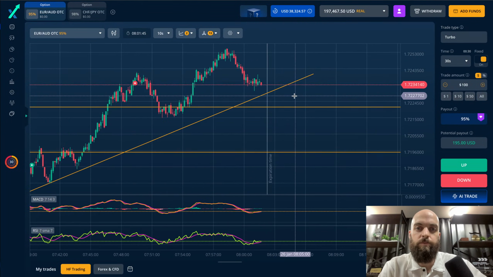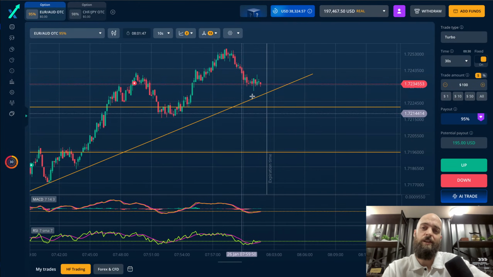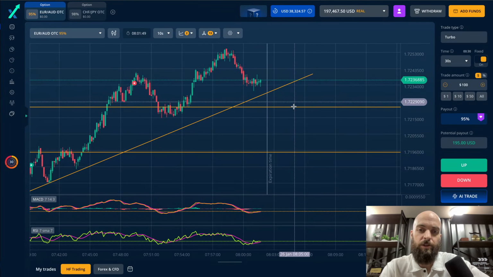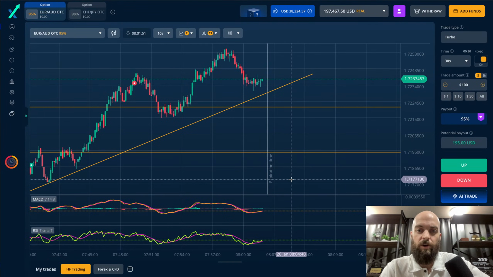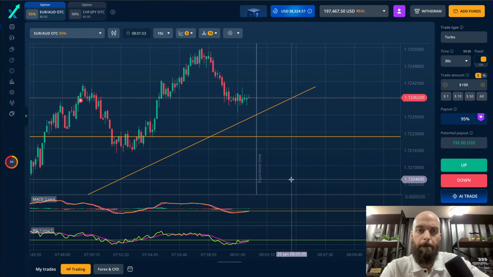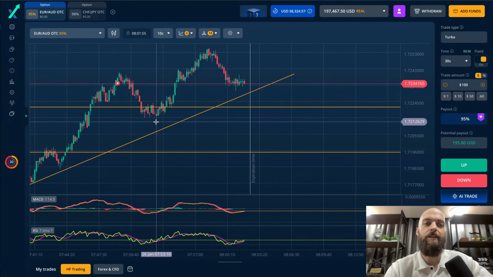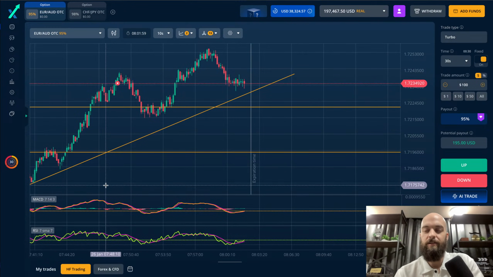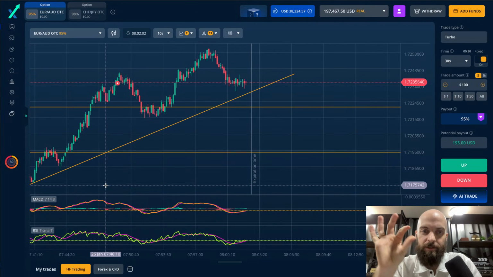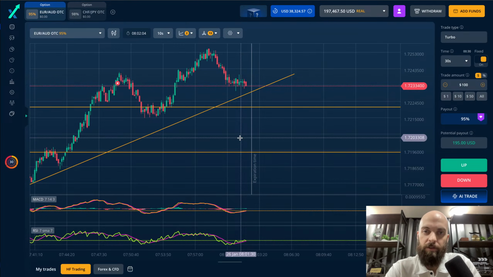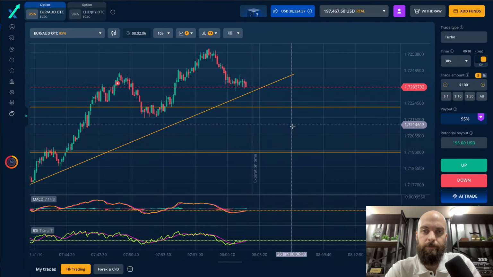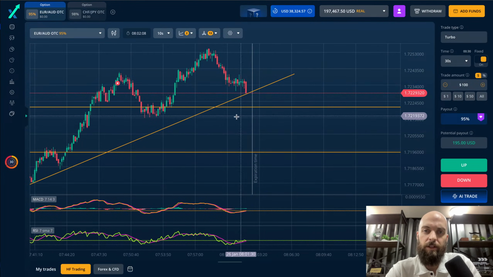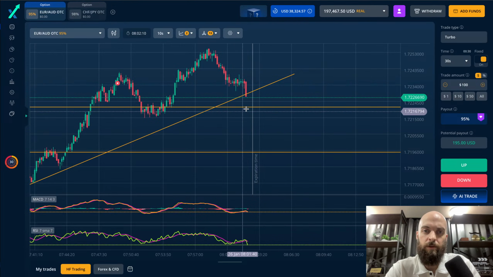So we can probably safely say we're going to have a continuation here, especially if our oscillators say the same thing. And we can see price didn't exactly come down to our trend line because it's not an exact science. It's not a perfect number or line. But let's see what happens in this little hot zone.